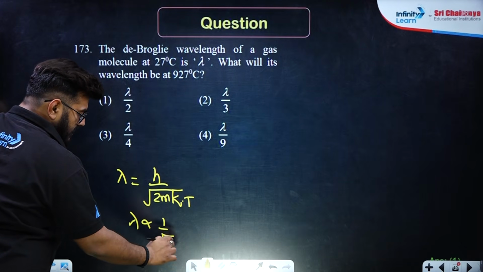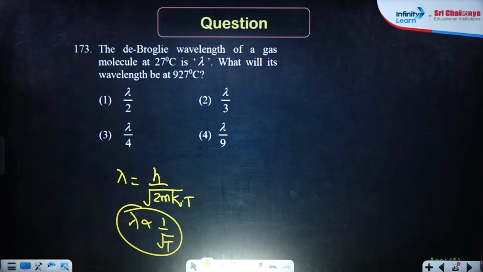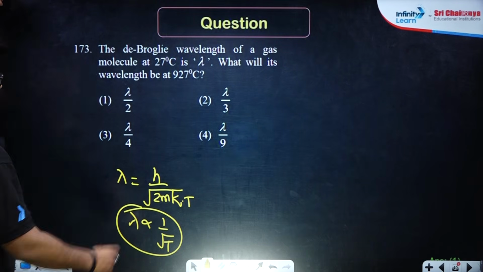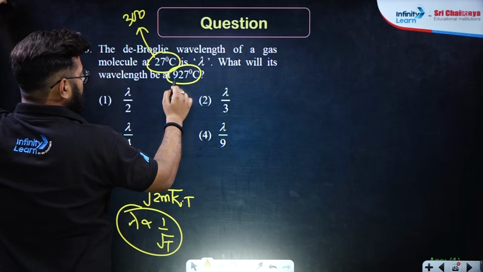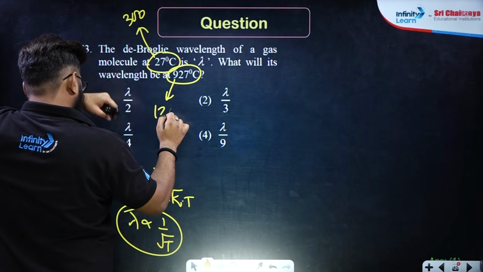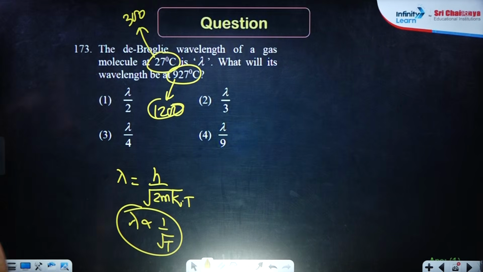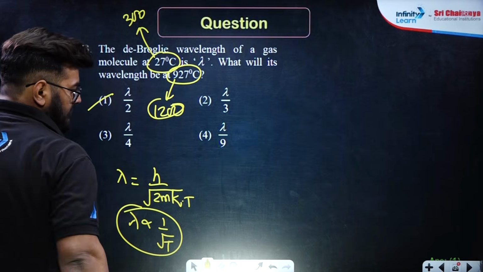So you need to relate with respect to temperature. So lambda 1 is to lambda 2 will be equal to the root of temperature T1, which is 273 plus 27, which is 300, and 273 plus 927 is 1200. Okay, so under root of 300 is to 1200, under root of 1 by 4. That means lambda 1 by lambda 2 is 1 by 2, so option 1 is the right answer.